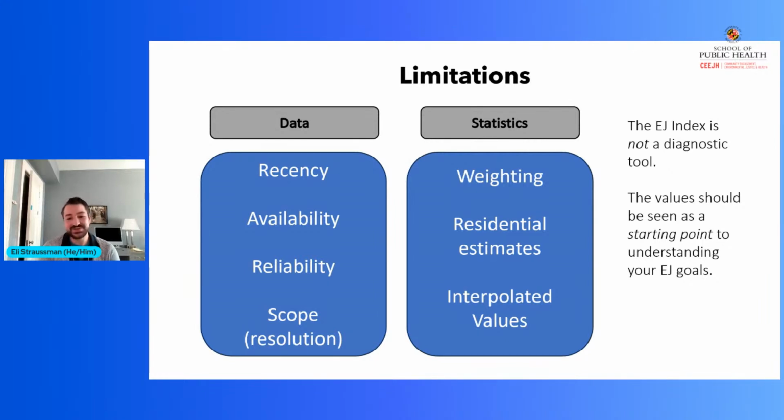What are interpolated values? Interpolated values are essentially creating best guesses of what a value would be if we had that data. What could we assume this value would be?